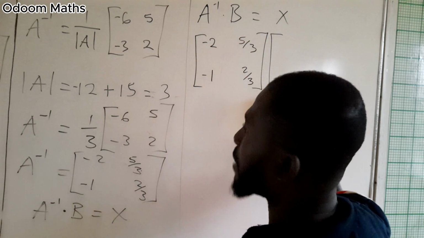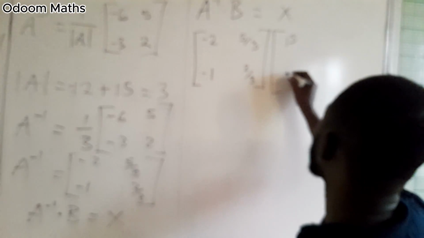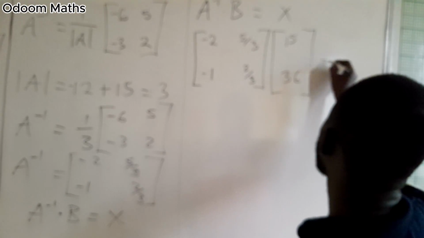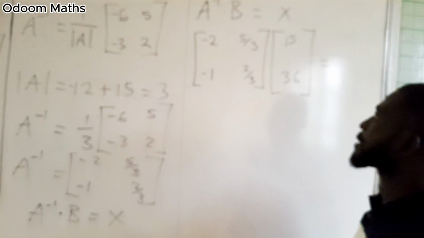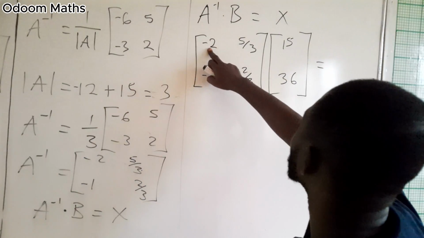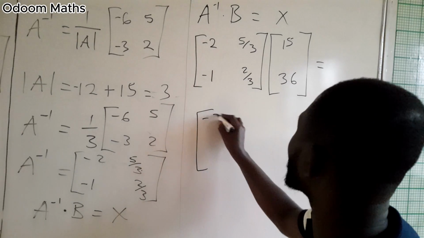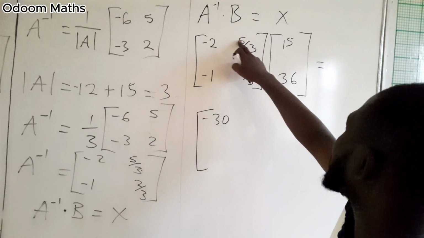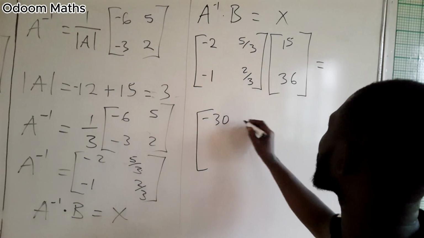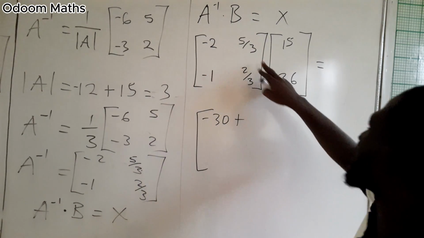So that is going to multiply B, and B is 15, 36. So let's see whether we get our X. So negative 2 times 15 will be negative 30, plus 5 over 3 times 36.